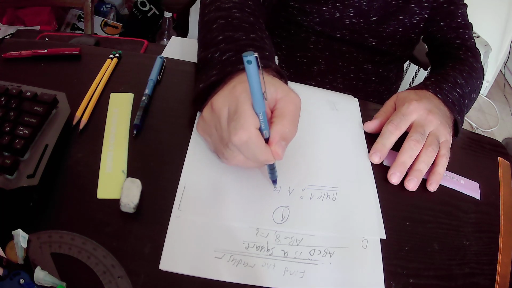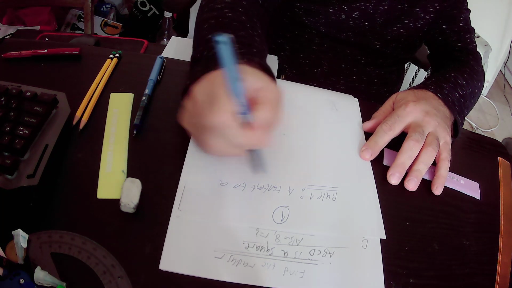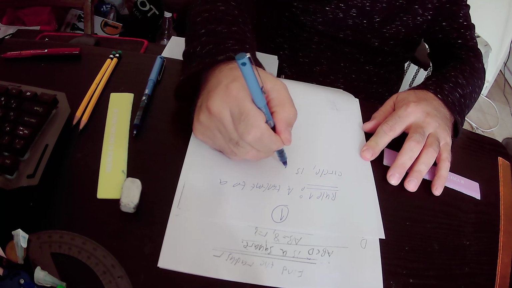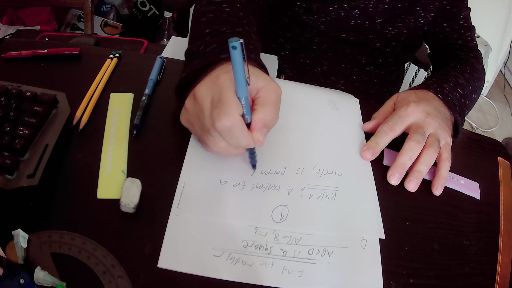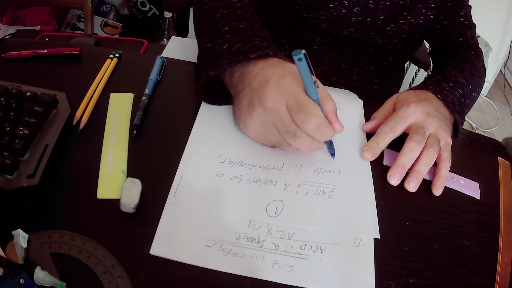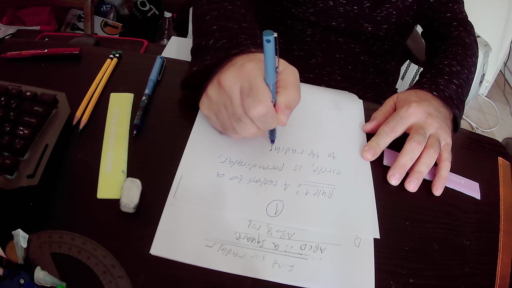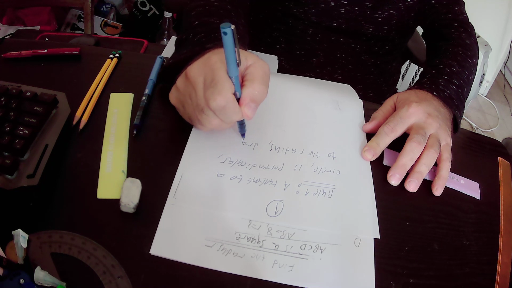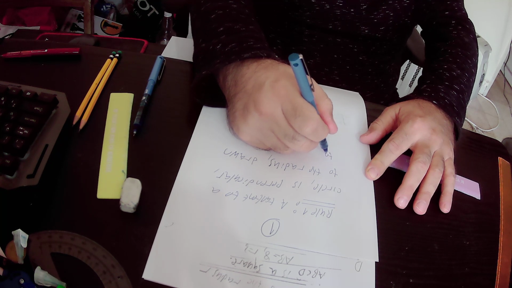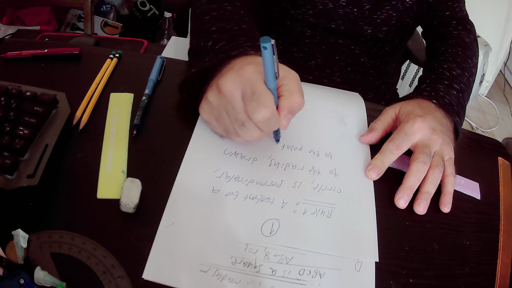a tangent to a circle is perpendicular to the radius drawn to the point of tangency.